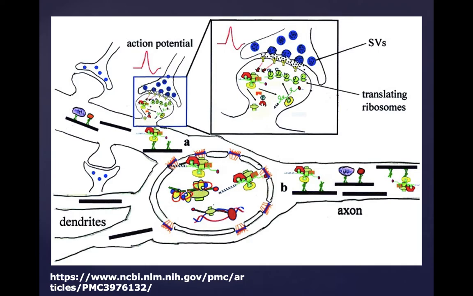So we have our translating ribosomes that are found in the area proximal to receptors that are specific to neurotransmitters.